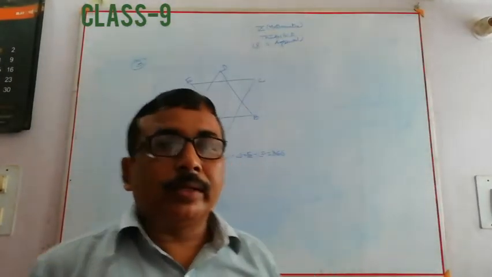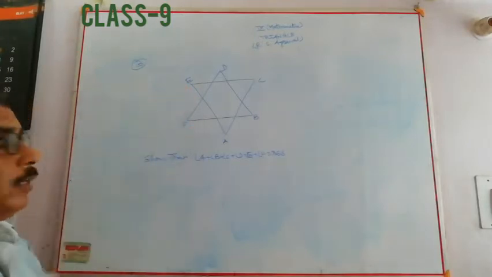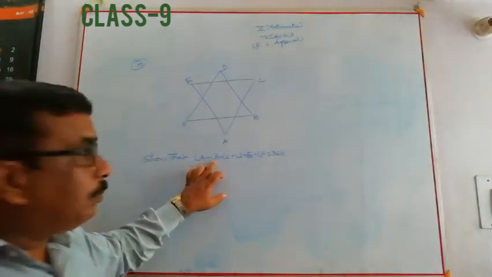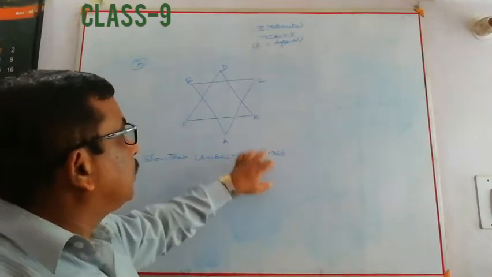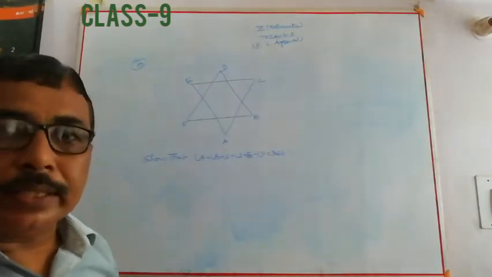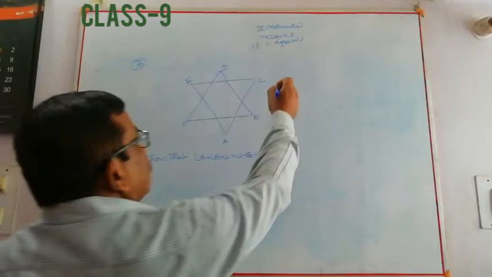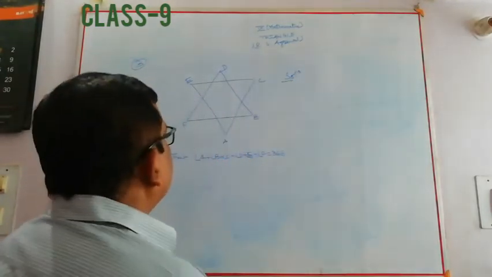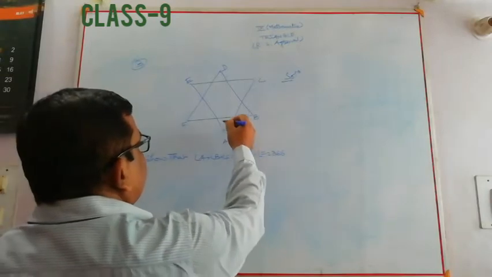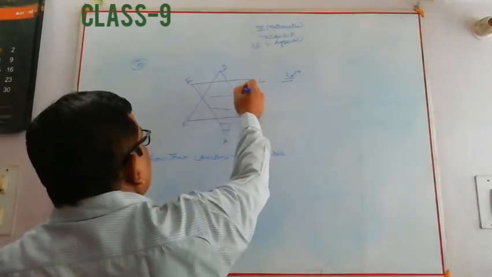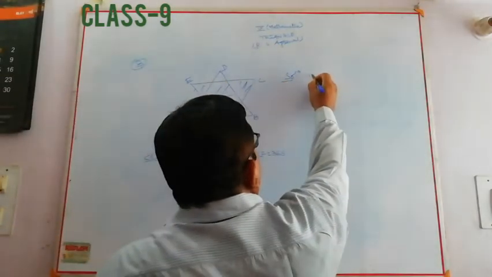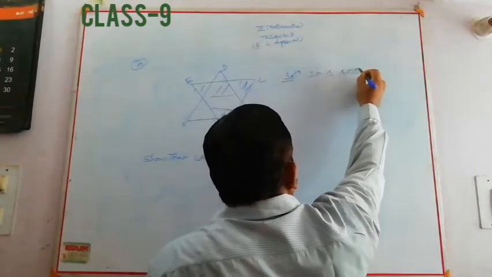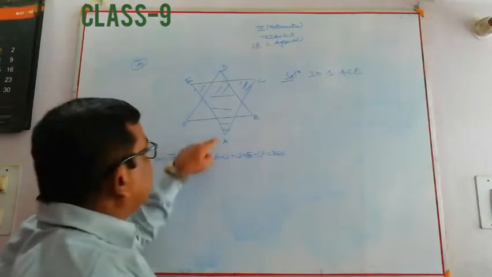Question number 3 is what? In the adjoining figure, you find the sum of angle A plus B plus C plus D plus E plus F is equal to what? 360 degree. How can you prove it? Solution is what? Firstly, in triangle ACE is the triangle.